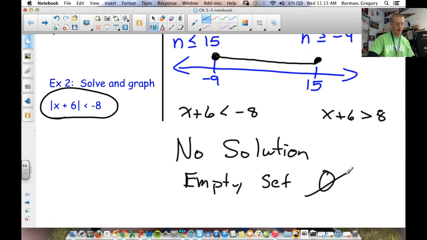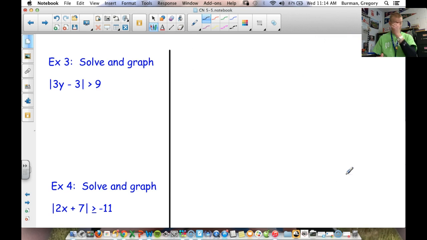So let's keep on moving as we are getting more and more intelligent as the moments go on. Previously, when the symbol was going the other way, the less than symbol, we had intersections. Now with a greater than symbol, we are changing this to a union like we did in part 2 of our 5.4.